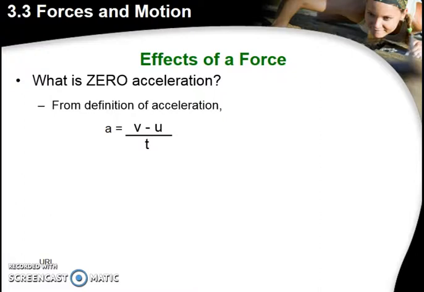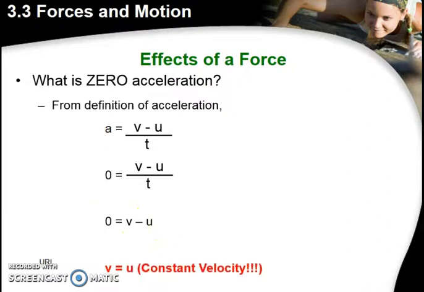If we substitute the acceleration as zero, 0 equals v minus u over t. Bring t over, t times 0 is 0, so 0 equals v minus u. Finally, if I bring the u to the other side, I get v equals u. So zero acceleration means constant velocity.